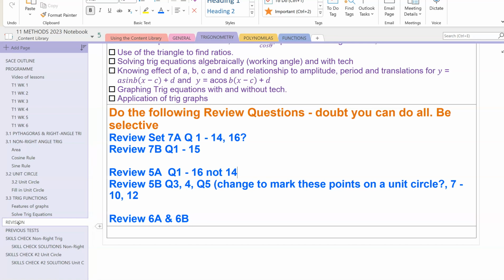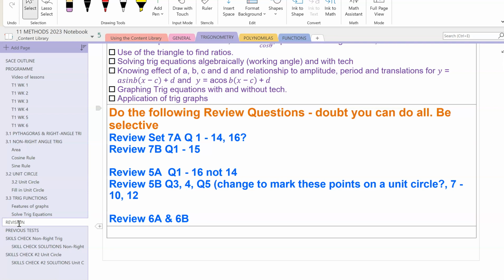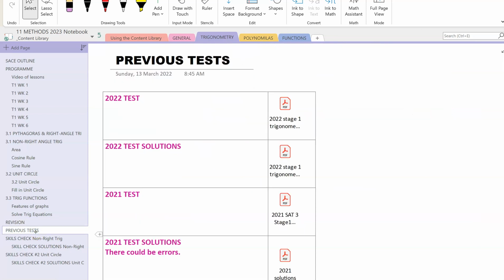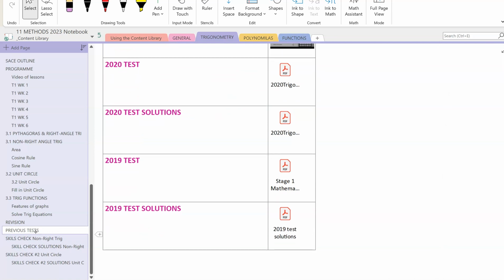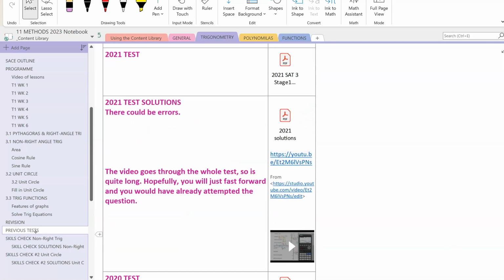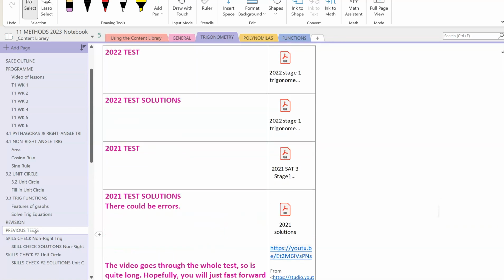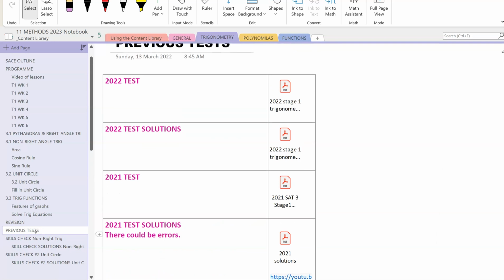As an example, review set 5A, question 1, it's about changing degrees to radians, radians to degrees. Now it's got part A, B, C, D. You might just go, oh, I'll do part A, or I'll do part D. So be selective in the questions that you choose to do. Make sense? In previous tests, you've got, how many have you got there? 1, 2, there's a video of 21 and 22.